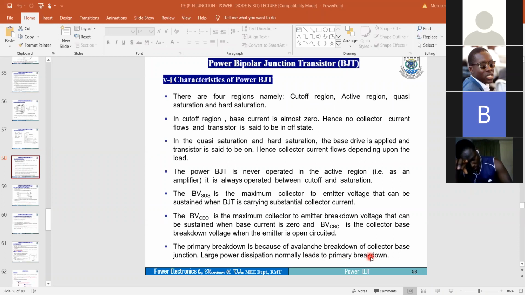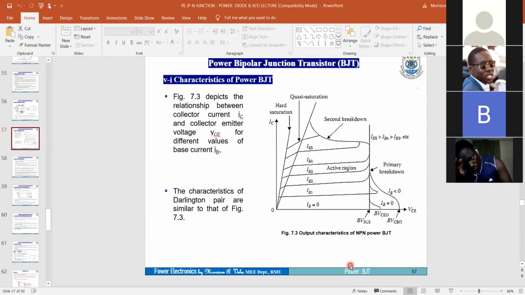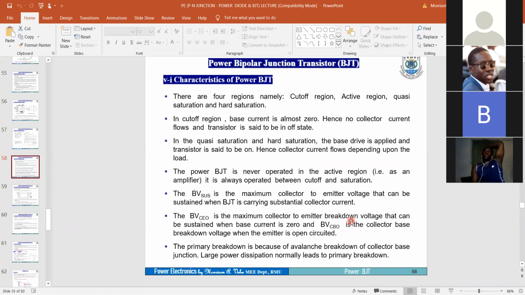So you have the primary and then the secondary breakdown, and these are a result of the avalanche effect. When that happens, you're going to have an issue. If we are not able to block a reverse voltage and it comes up, it would promote these breakdowns.